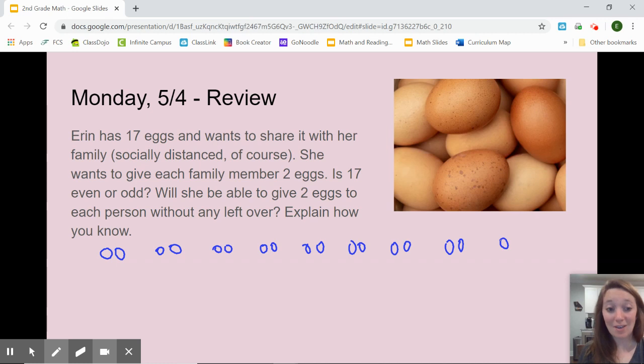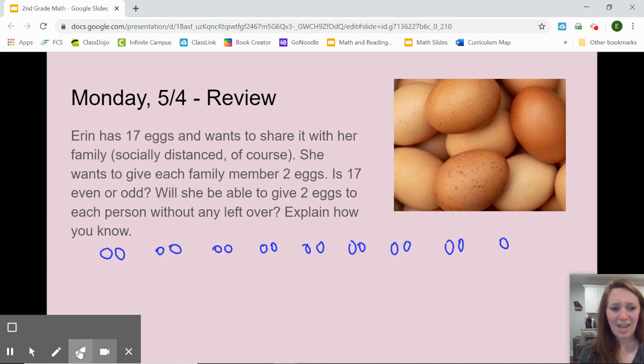So that tells me that 17 is an odd number. So will she be able to give 2 eggs to each person without any leftover? No, she won't be able to, because 17 is an odd number and there will be 1 without a pair. So she can't give it to everyone without any leftover.